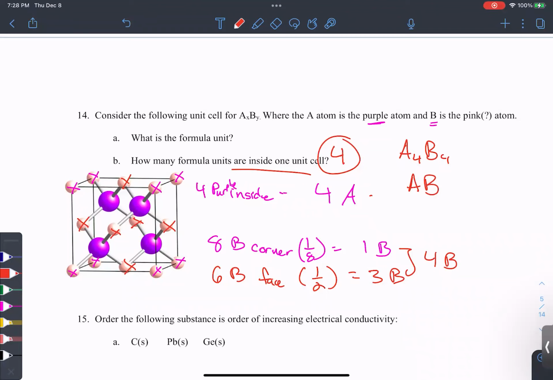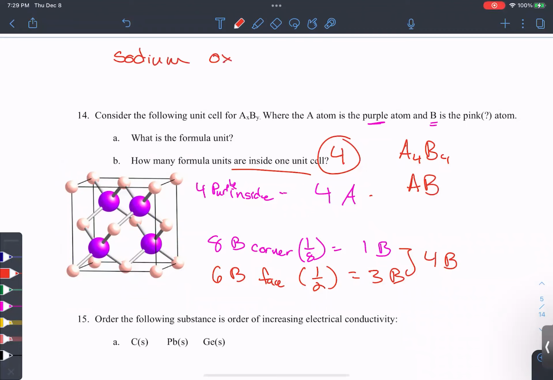And a way I could elevate this question as a multiple choice is I could give you this same picture and ask, which of these compounds could adopt this crystal structure?